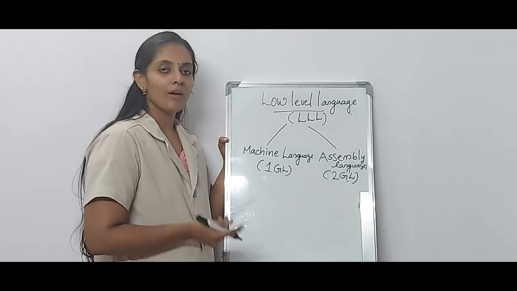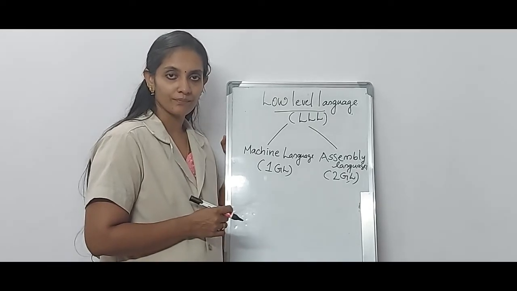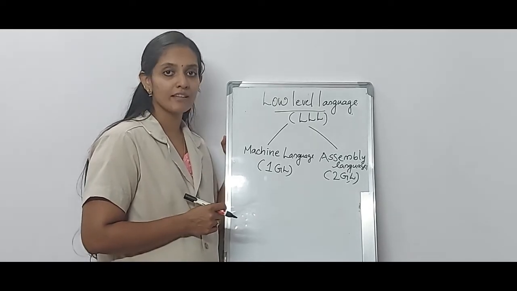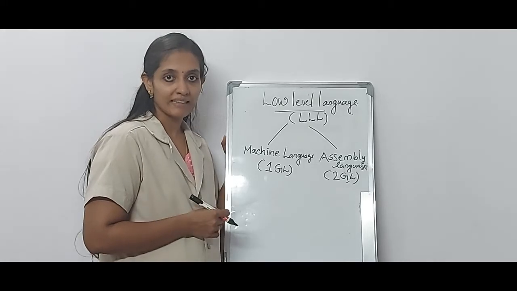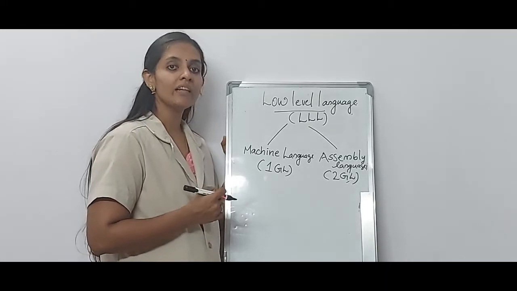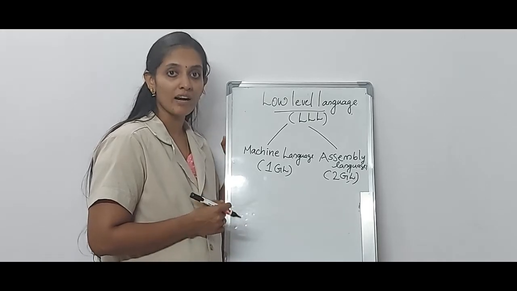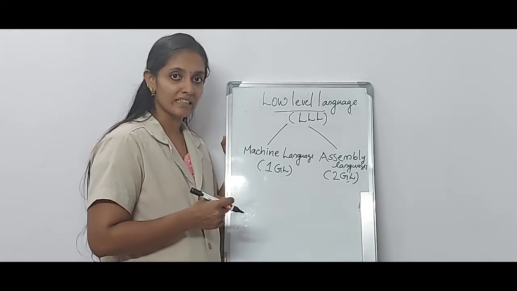Machine language is the only language that computer can understand. It is also known as first generation language. It consists of zeros and ones digits. This machine language is very difficult for the programmer to understand because it consists of 0 digit and 1 digit.